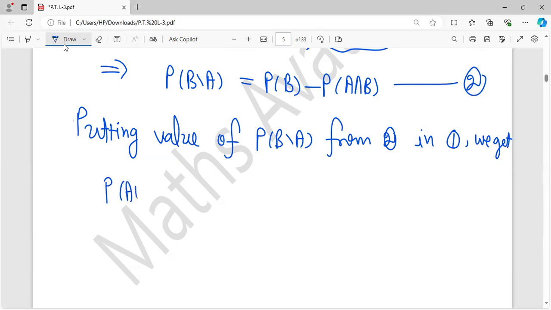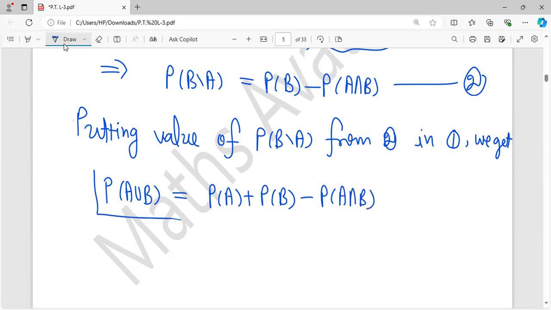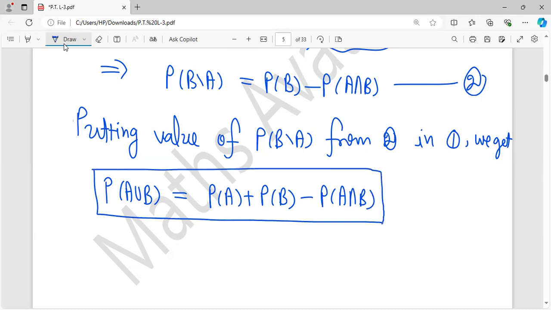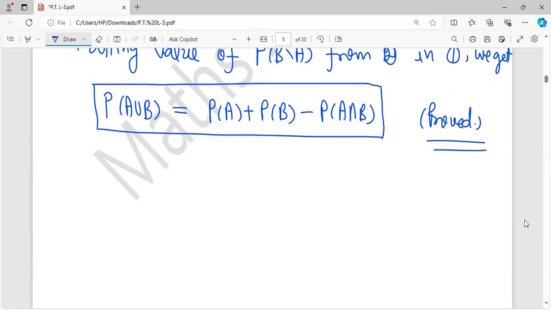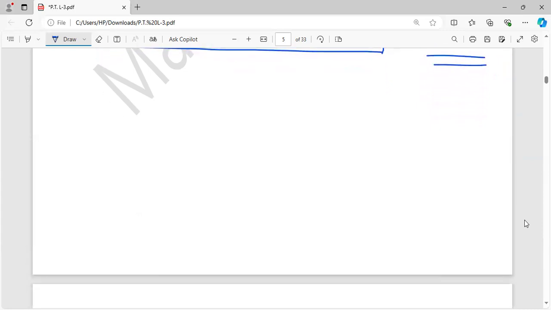P(A union B) is equal to PA plus PB minus P(A intersection B). So this is done. So the additive law of probability is done. Now we'll do one example here based on this.